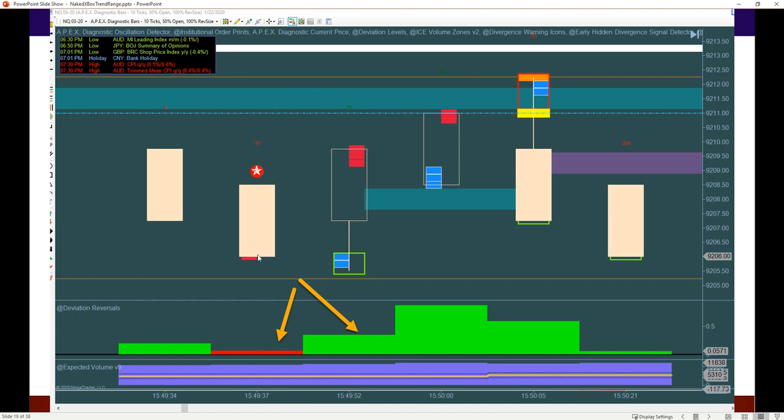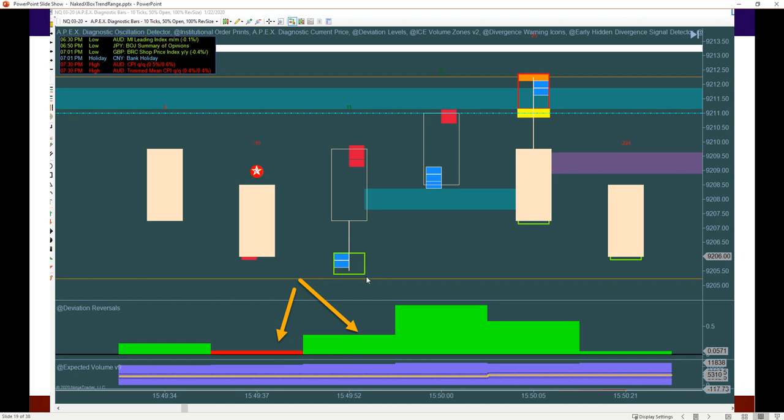What color was the DR on the bar before? Red. Okay, so that's the first reason that we would not have taken this trade. Keep that in mind. I'll give you an idea why here in a minute. The DR has to be that color on the setup bar and the bar before. So that right there would have disqualified the trade.